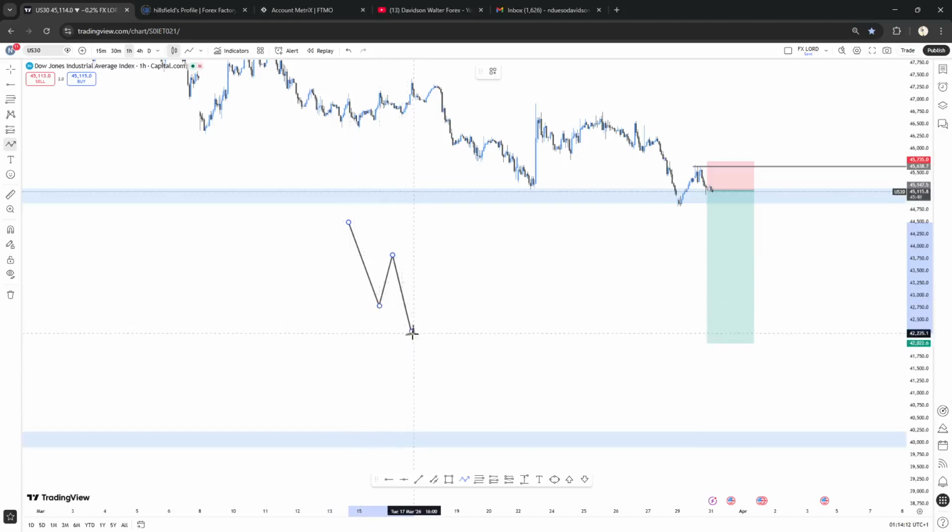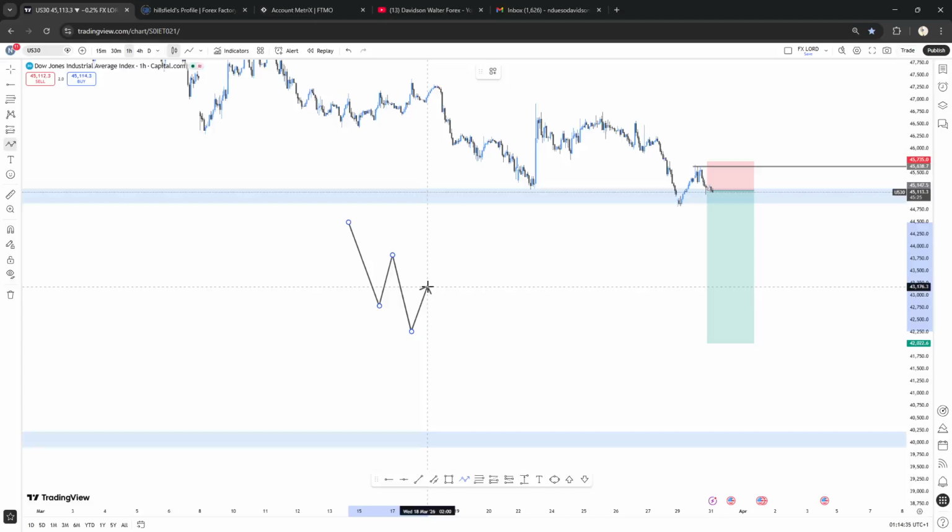You don't want to sell when the market has already sold off. You want to sell when it is correcting. When it's correcting, it's trying to grab liquidity. When you hear people use terms like liquidity grab, it means the market is trying to grab some liquidity before continuing in the trend.